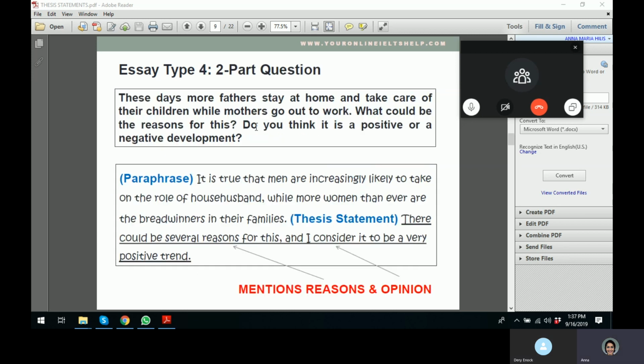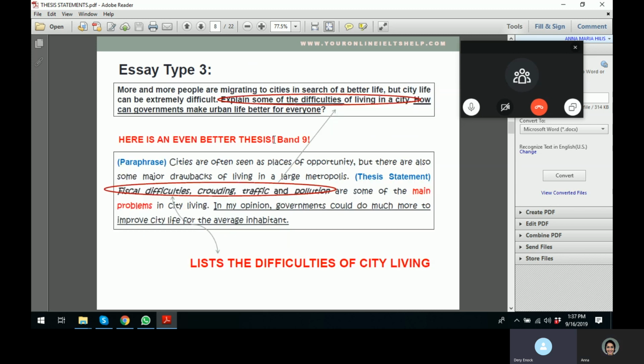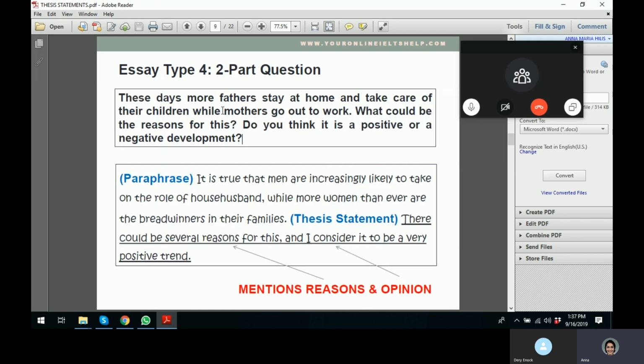Essay type 4, two-part question. Okay, so obviously there are two questions. Please read the task. Is it type three, the solutions and the problem? Well, actually, this is similar to type 3, a two-part question.